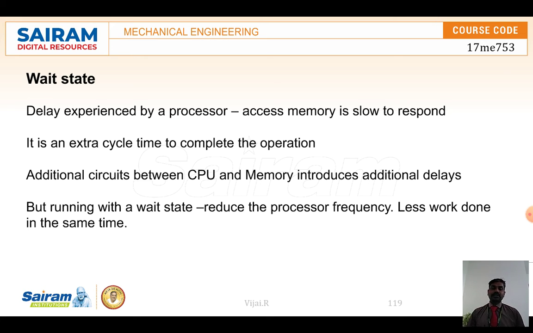Additional circuits will cause additional delay, so we have to reduce them. The wait state is the one where, if the processor takes more time to respond, then the cycle will be delayed to the next state. So one state will be added. Running a wait state reduces the processor frequency. So reduction of wait states is better for doing the operations, right?